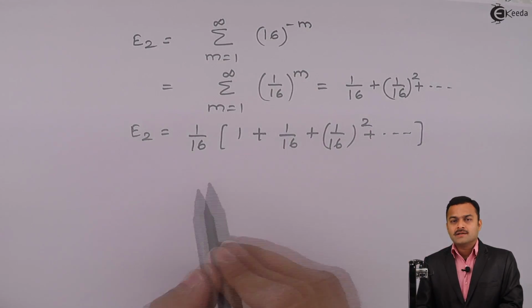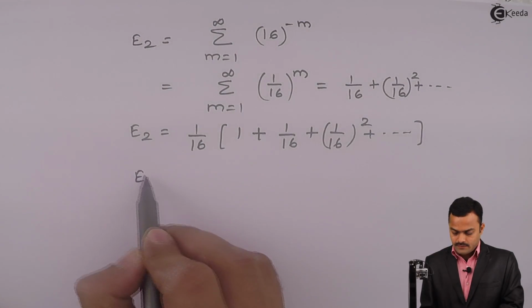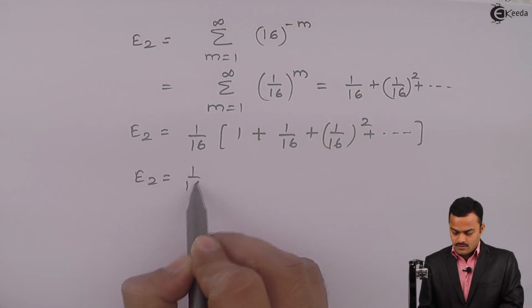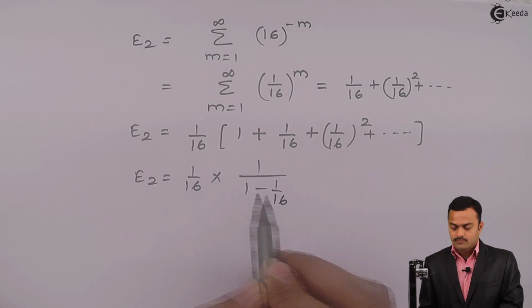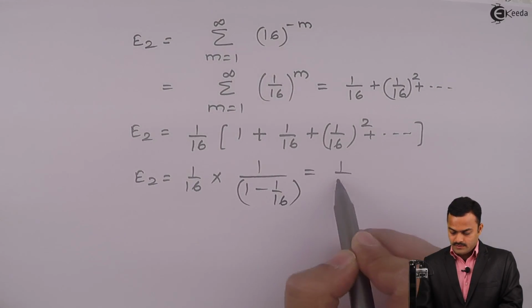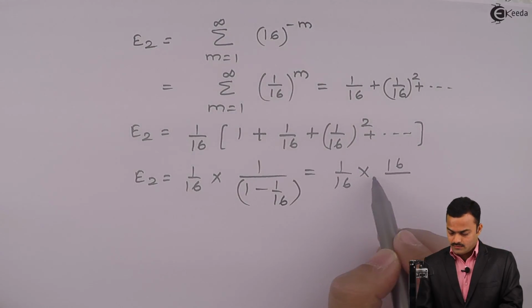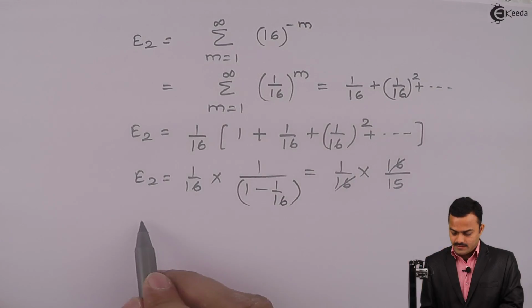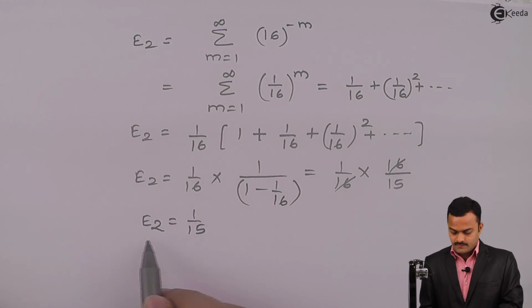These are terms in geometric progression whose summation is given as 1 upon 1 minus 1/16. So in the end the answer will be 1/16 into 16/15. The 16 gets cancelled, and in the end energy 2 will be 1/15.